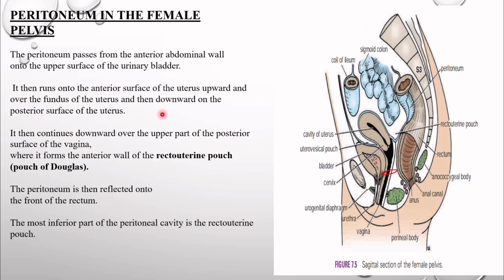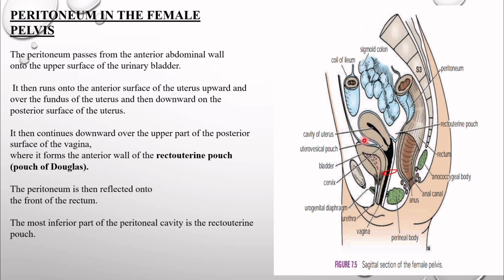Then we should also appreciate that from the anterior abdominal wall, the peritoneum descends into the pelvic cavity to cover the superior surface of the bladder, then the uterus, then some part of the posterior upper part of the vagina, then some part of the rectum.